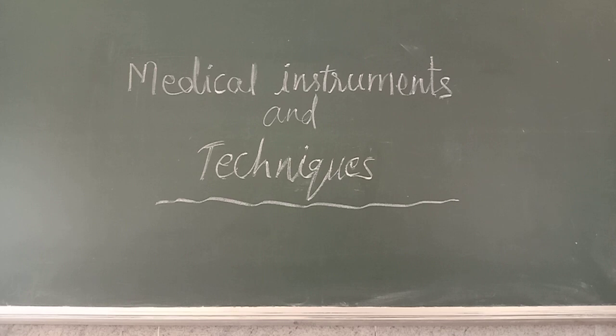Once more I repeat all the points about this counting chamber. The improved Neubauer counting chamber is the commonly used counting chamber. It is divided into 3 by 3 millimeter primary squares, which are further subdivided into 9 secondary squares, each 1 by 1 millimeter.